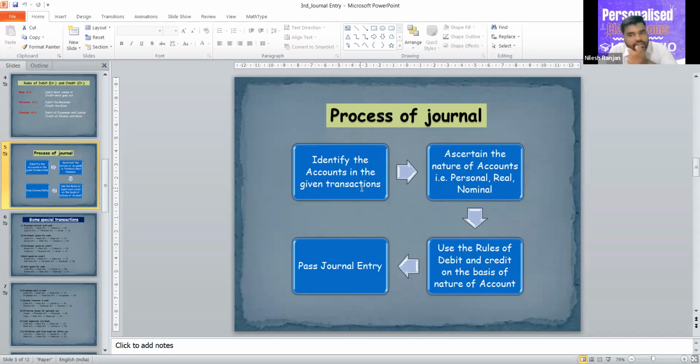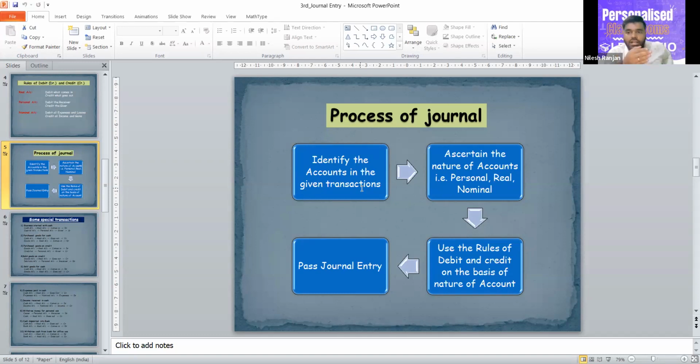If there is rent in the transaction, then it is a nominal account. So the second step is to ascertain the nature of the accounts, either real, personal, or nominal. After that, we will apply the rules as per their nature. If it is a real account, we apply debit what comes in, credit what goes out. If it is a personal account, debit the receiver, credit the giver.